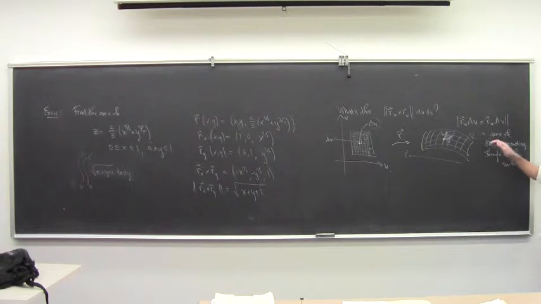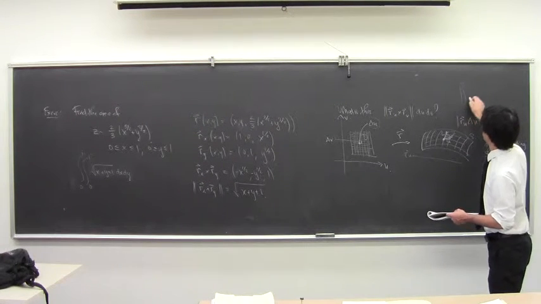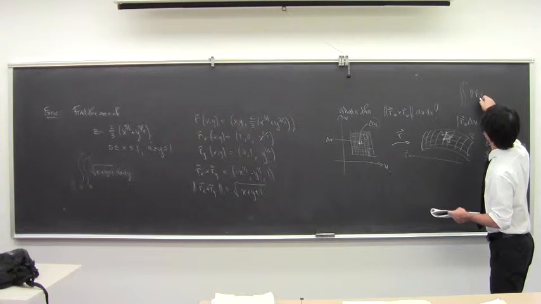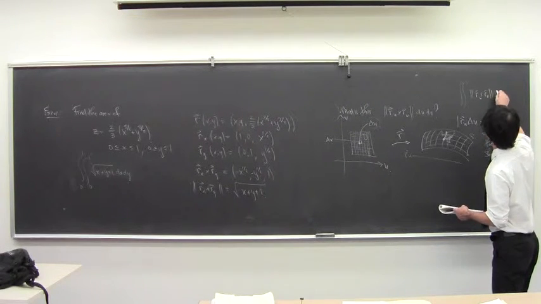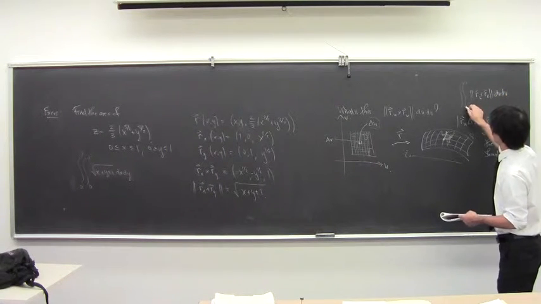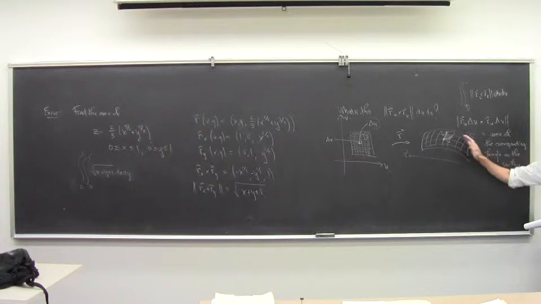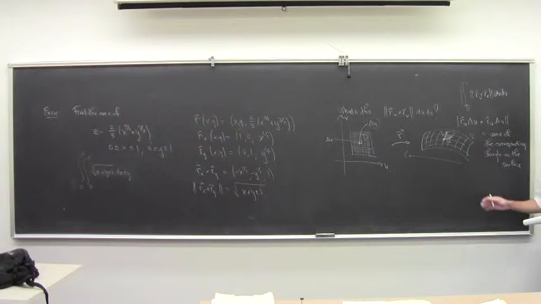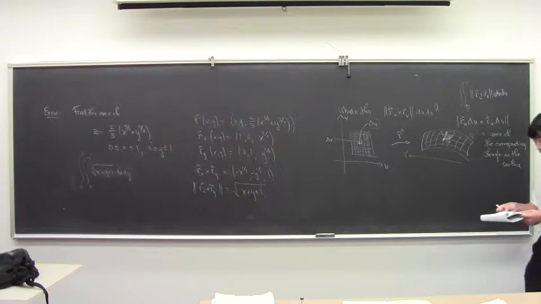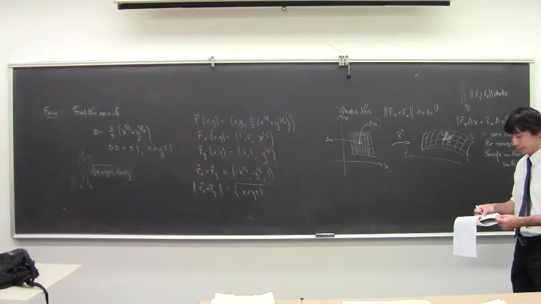And then you sum all these. You're summing all the areas of the shingles to get the total surface area. So that's just to give you some sense of what's going on.